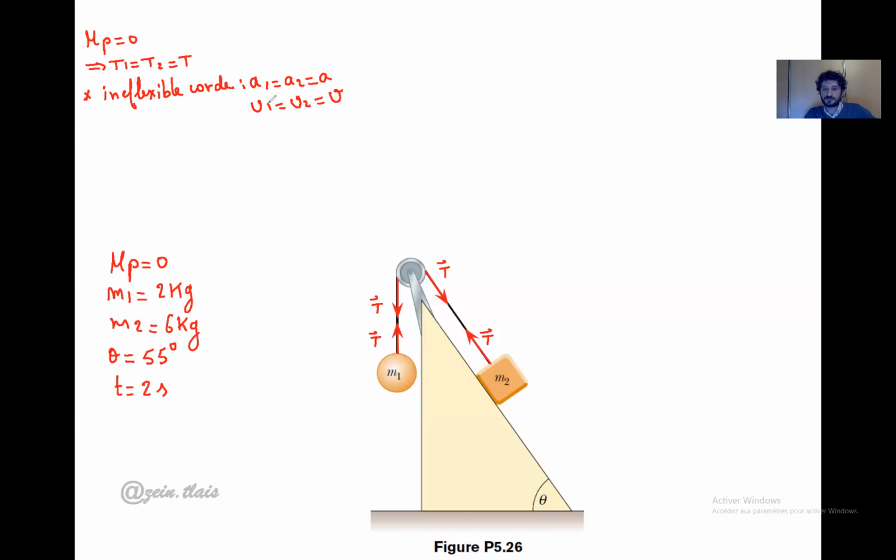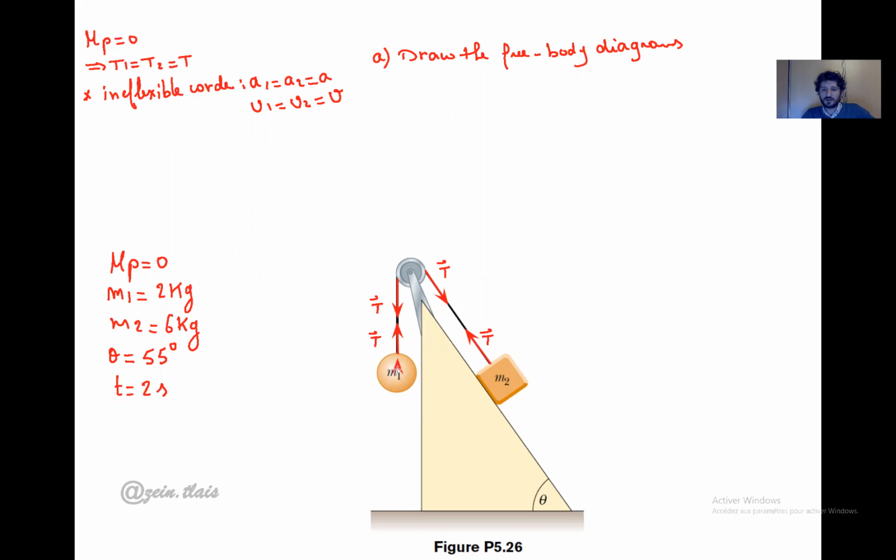And now the first question: I have to draw the free body diagrams of M1 and M2. It means you have to put all the forces exerted on each object.